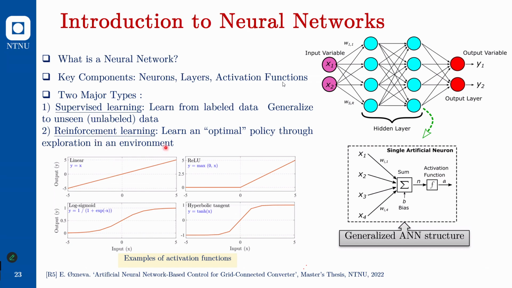And in reinforcement learning, you act as a learning agent that is assigned a reward function. So if you predict in a good way, your reward will be better. But for the timing, we have focused only on the supervised learning type, because that is used many times in the literature for power electronics converter applications, and it's worth it. Stick to supervised learning unless your problem is too complicated to be addressed through it.